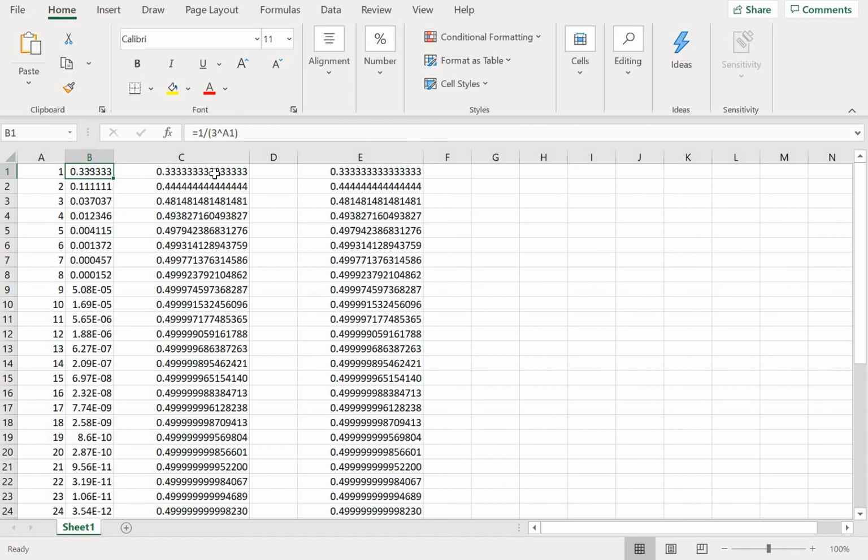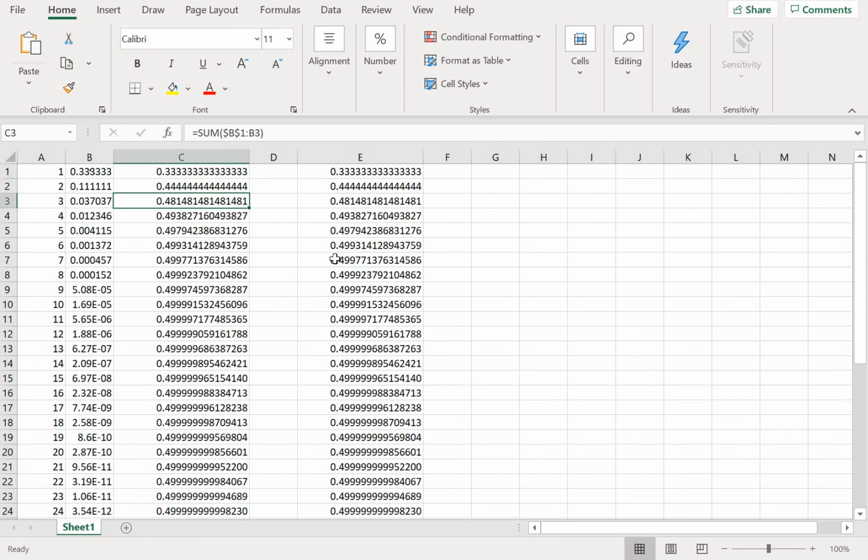And then this third column is adding those progressively. So we have 1/3 here, but then this is the sum of both B1 and B2. Sounds like bananas in pajamas. And this next one is the sum from B1 through to B3 and so on. So we can see the sum progressing.